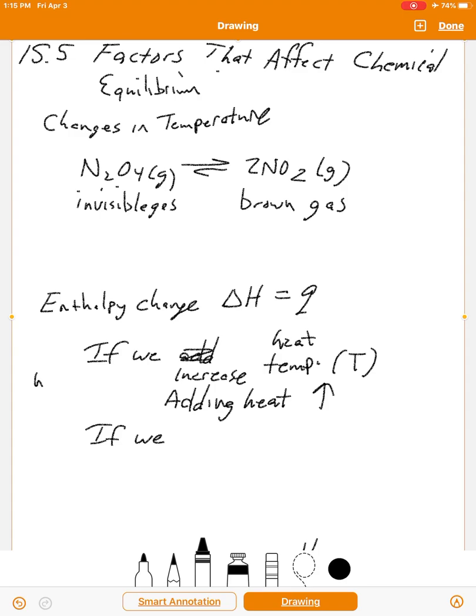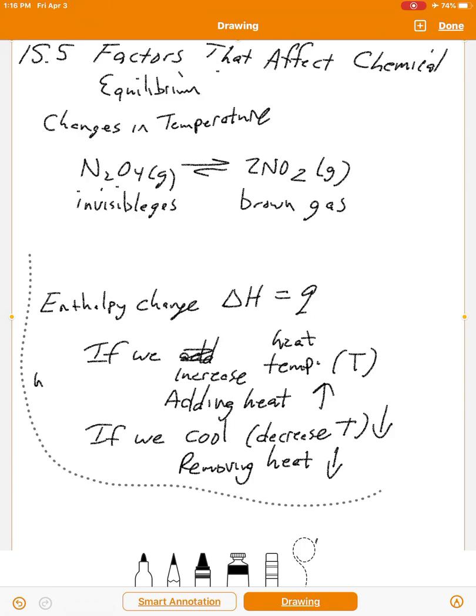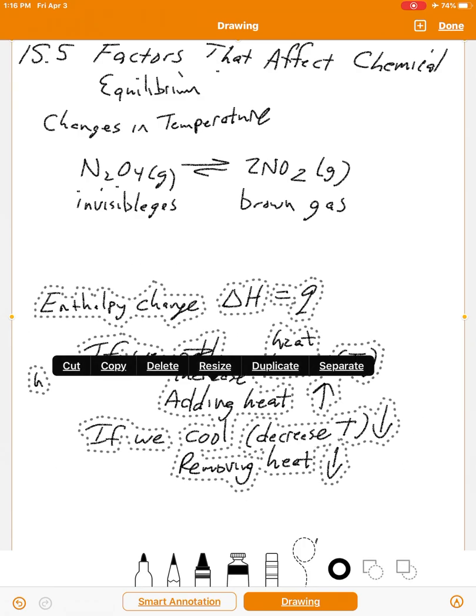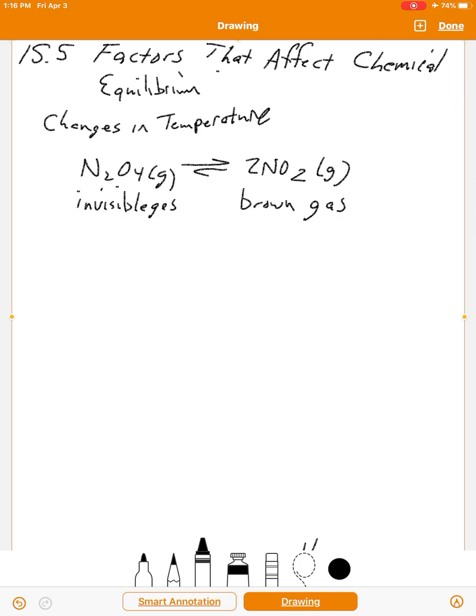If we cool the sample, so that's decrease T, then we're removing heat. Okay? Heat's going down. So we can use that to analyze Le Chatelier's principle and how it relates to temperature changes. And here's how we do it.